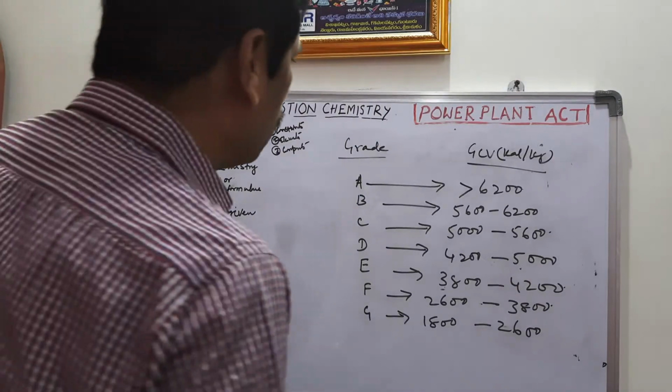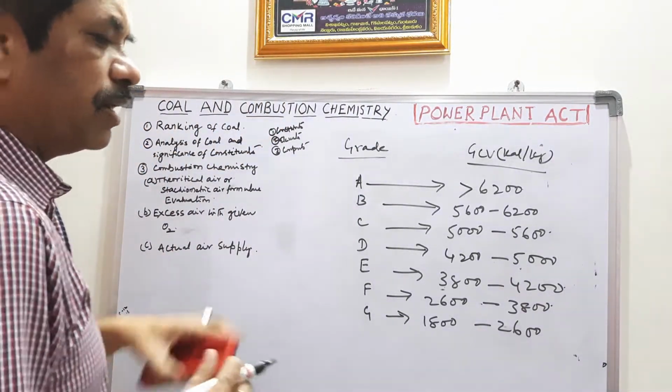So these are the grades of coal used for power generation.